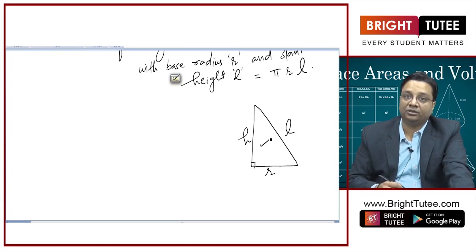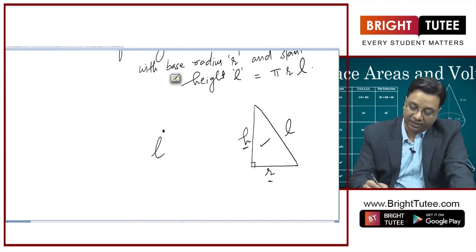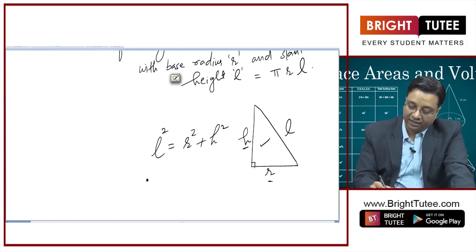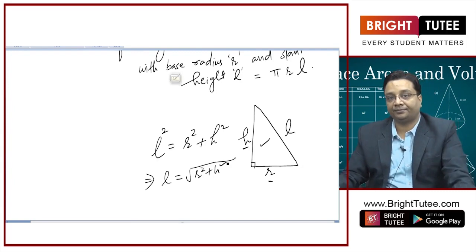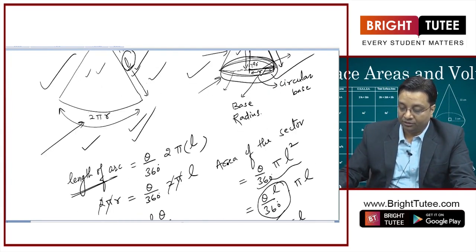I can apply the Pythagoras theorem in this. Let us say I am given H and R and I want to calculate L. L square is equal to R square plus H square, hence L is equal to the square root of R square plus H square. So, this is what I am going to use here.